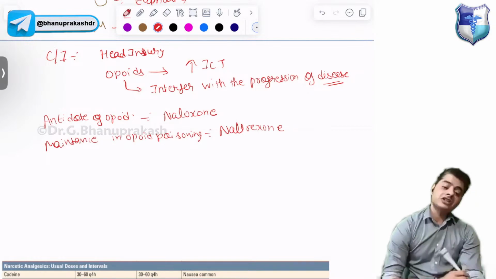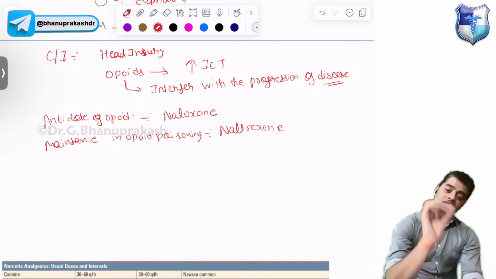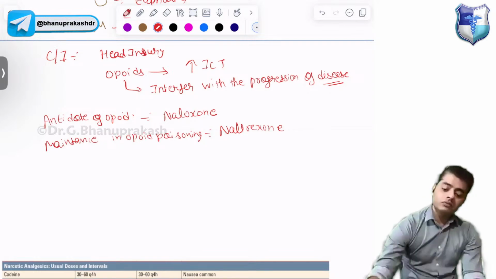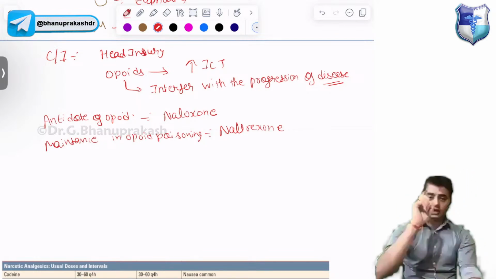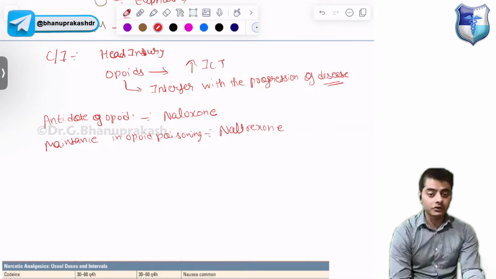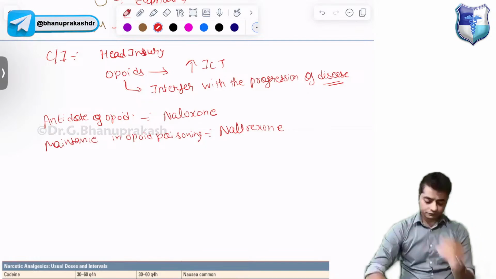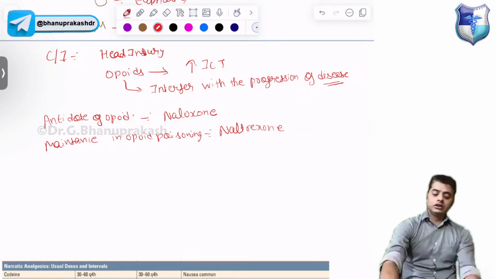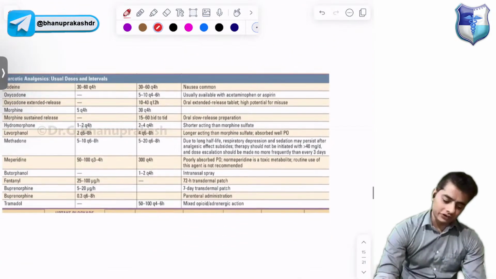Okay. And remember one more thing that is special about naloxone. Naloxone's effect comes in around 1 or 2 minutes. And naloxone is a drug that can be given by the endotracheal route. This is the most important thing about naloxone.